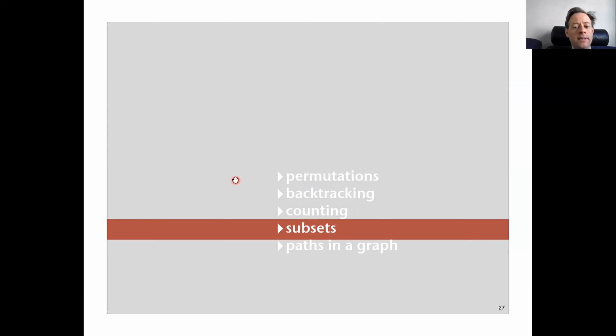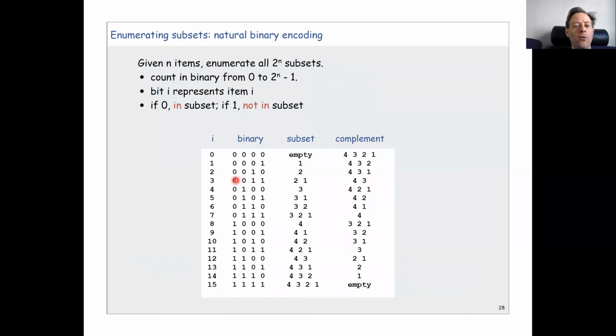The next thing we will look at is subsets. Just like we're interested in enumerating or generating all the permutations, it's often very interesting to generate all subsets. So given n items, enumerate all the 2 to the power n subsets. And this is basically the same as counting in binary from 0 to 2^n minus 1.